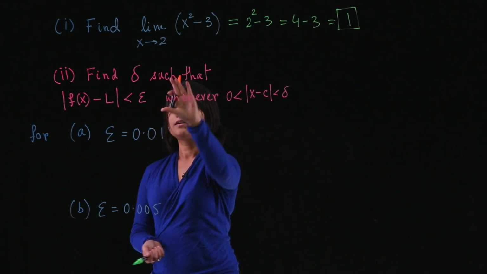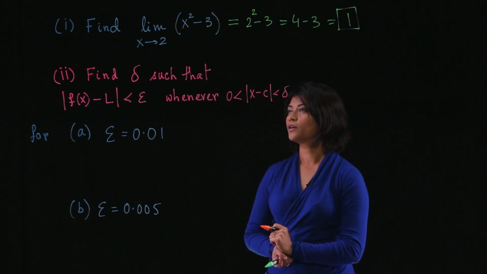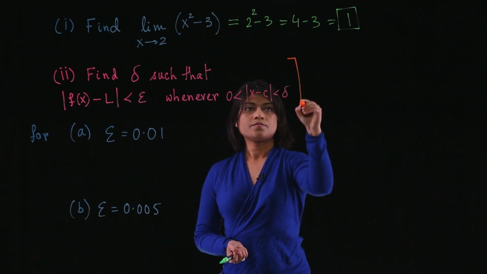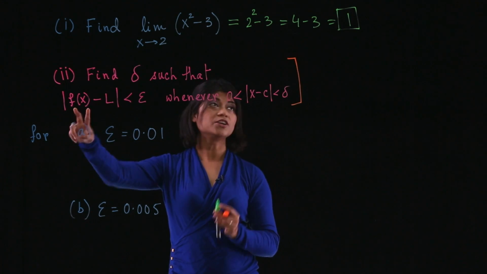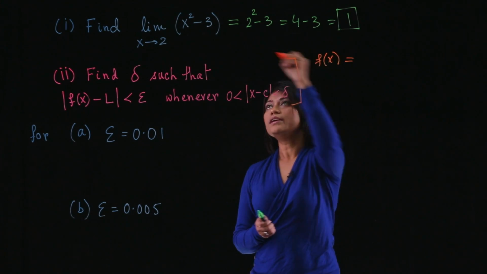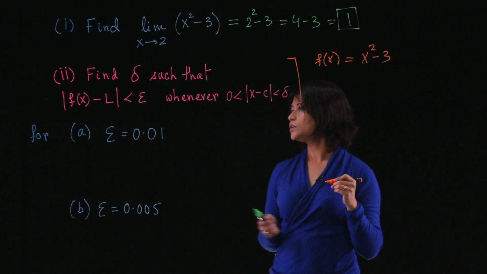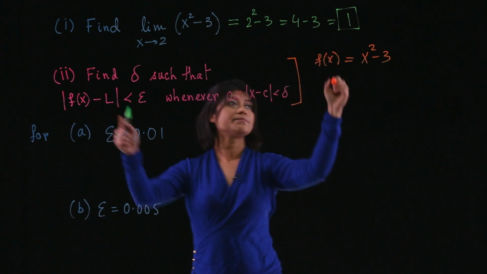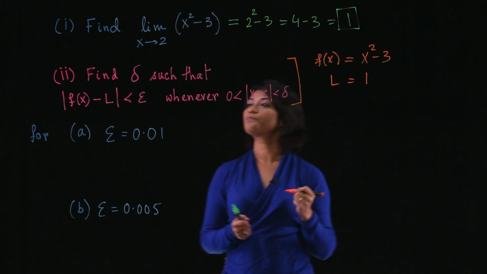Now, let's see what this next statement means. We have the function f of x, which is x squared minus 3. L is the limit, and we just found it, so L is 1.